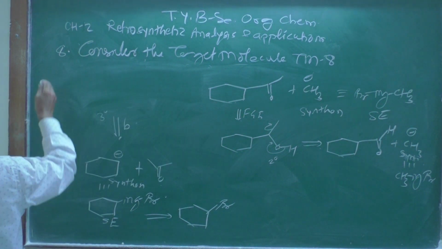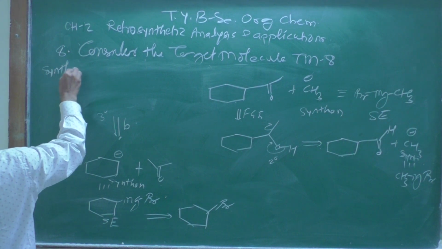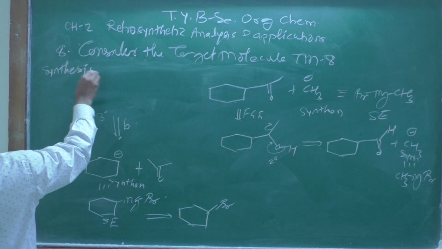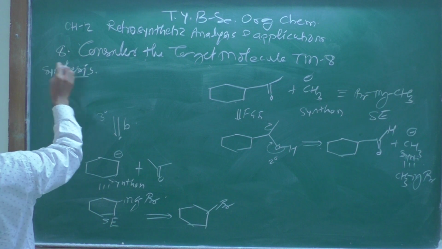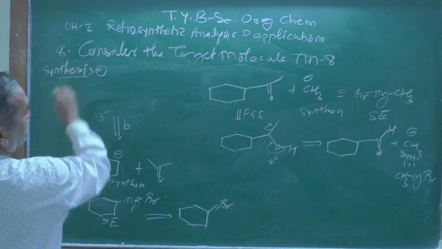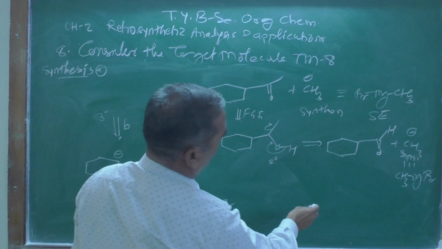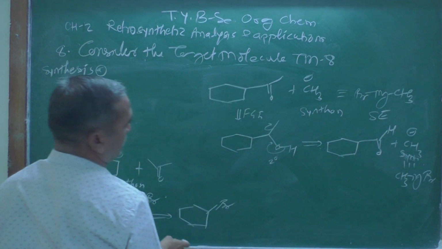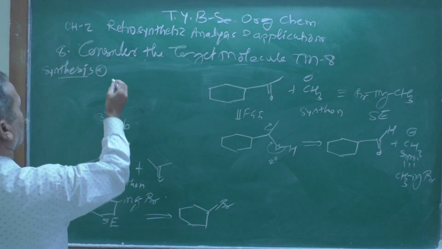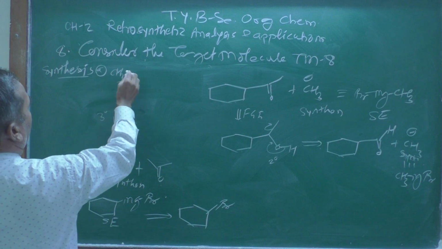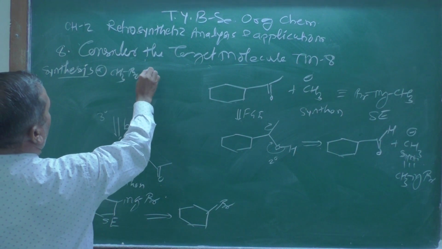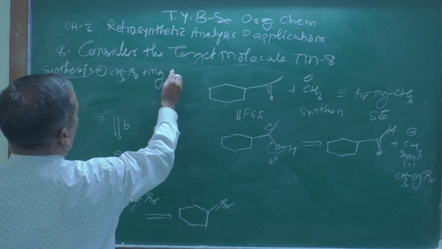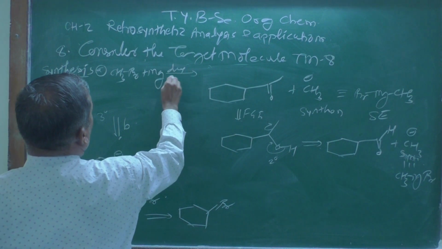Now the A route synthesis. Now I am doing the synthesis over here. First one is the A route. Which route am I going to apply over here? Here, right? So I must take CH3Br, which will be treated with magnesium metal in the presence of dry ether. What am I going to get?